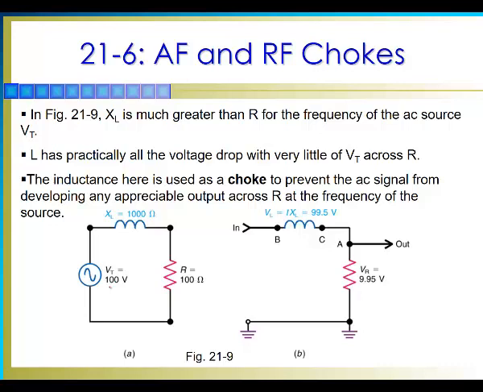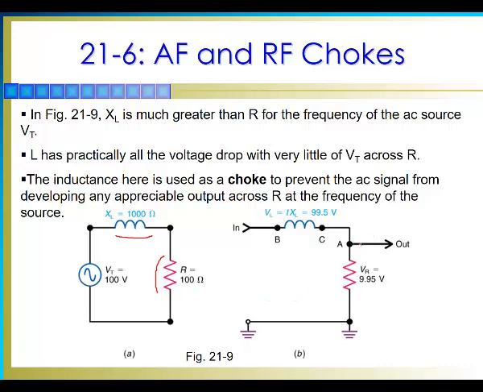If we calculate the voltages across these different components, these 100 volts will be distributed as 99.5 here and 9.95 through here.